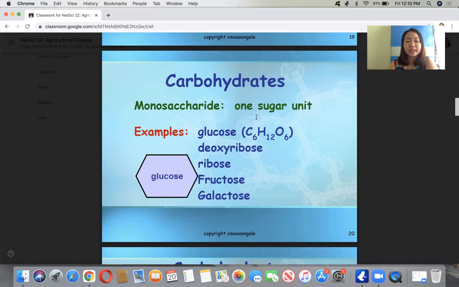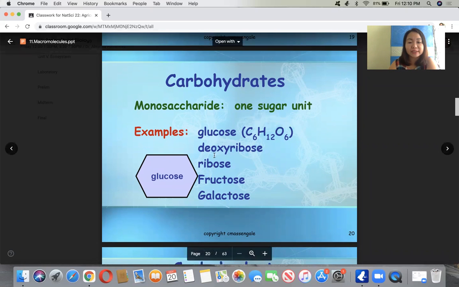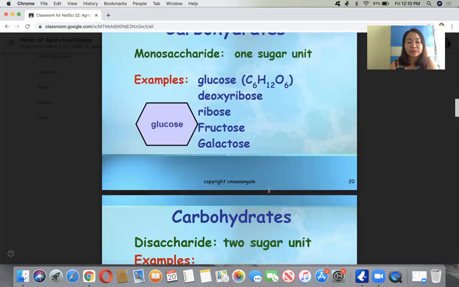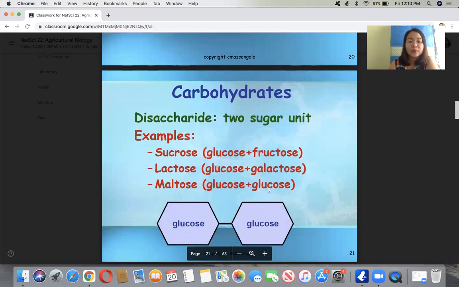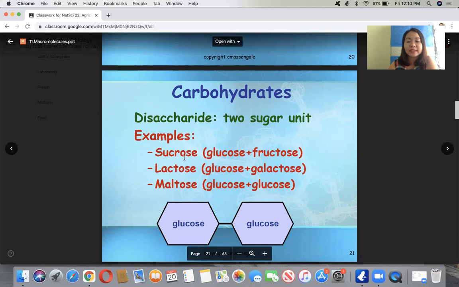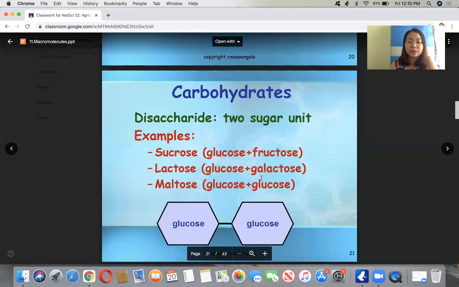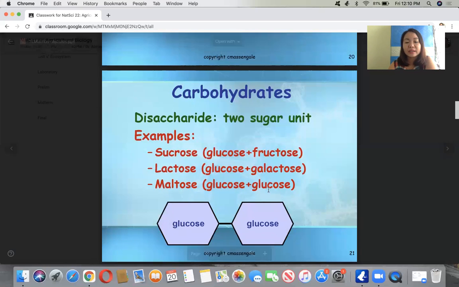Monosaccharides contain one sugar unit, and examples are glucose, deoxyribose, ribose, fructose, and galactose. Disaccharides, or two sugar units, include sucrose, a combination of glucose and fructose, lactose, glucose and galactose, and maltose, glucose and glucose.